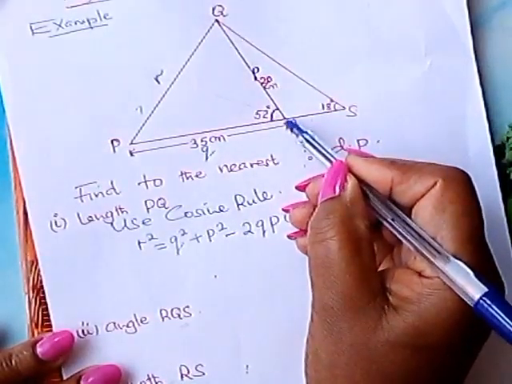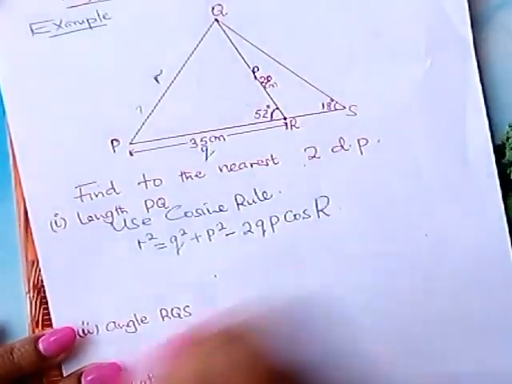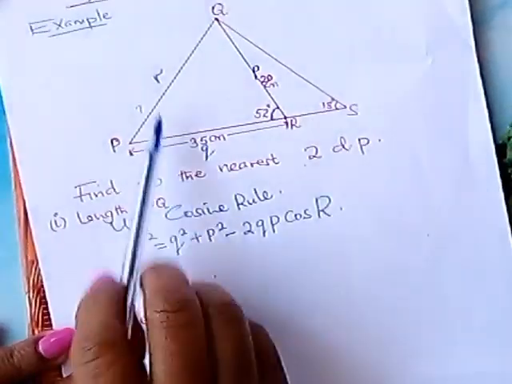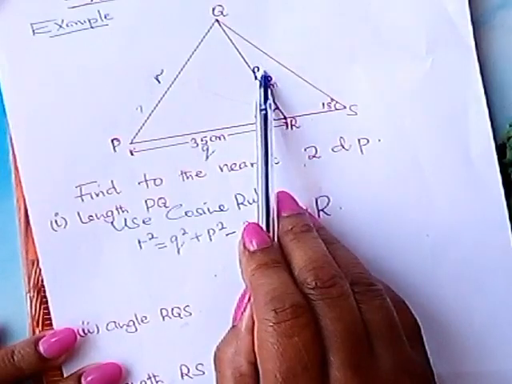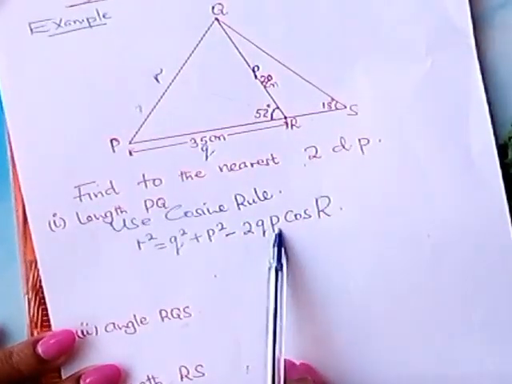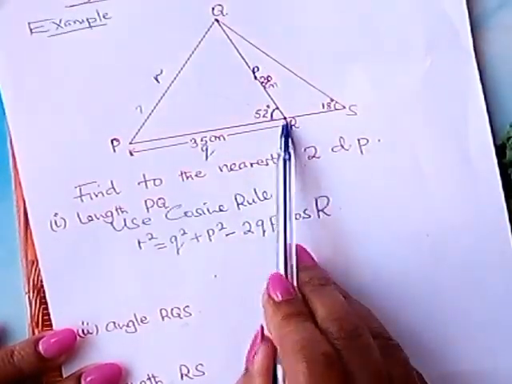That is the cosine rule. Just that. r squared equals q squared plus p squared minus 2qp, cos of this angle there.